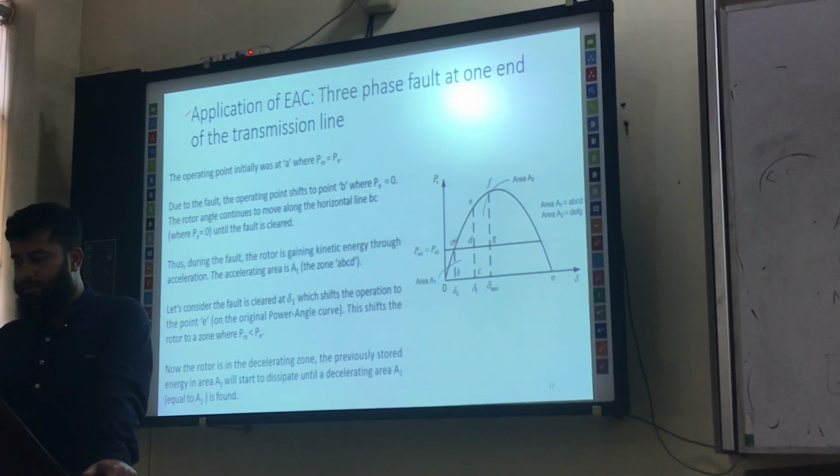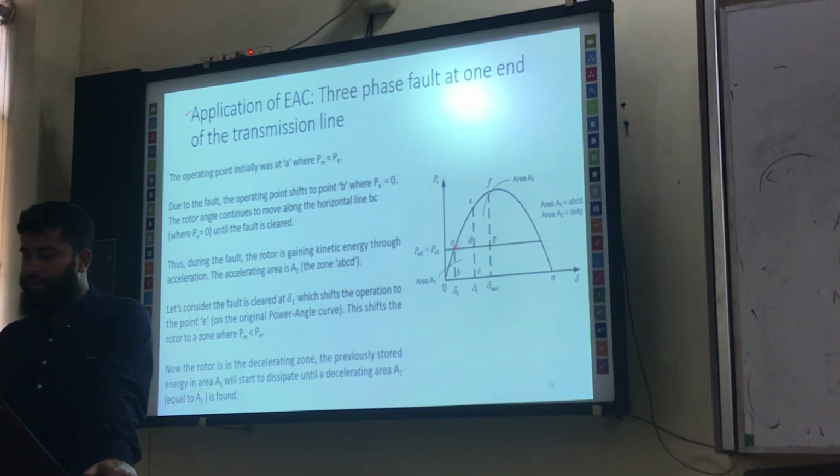Look, this A is our initial point. A is the initial point. So at the initial point, we know that PM and PE should be equal, because this is the initial point, means this is at the stable regime, right? And at that time, the mechanical power input from the turbine and the electric power output from the generator will be same, will be equal.